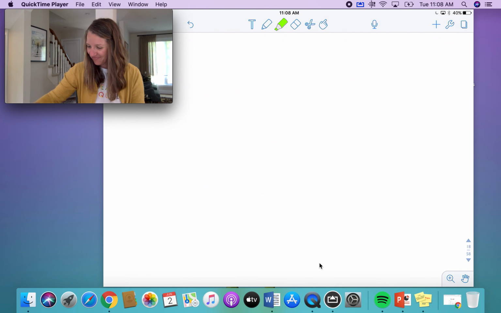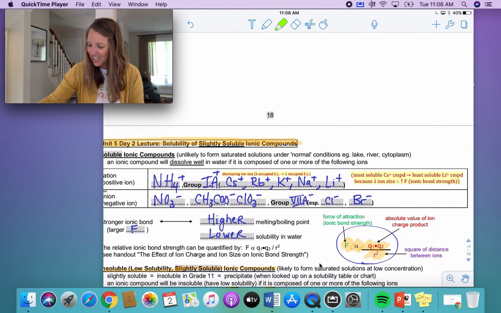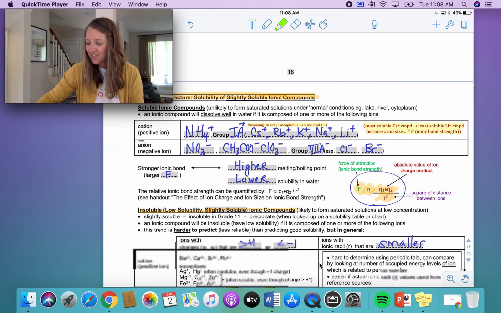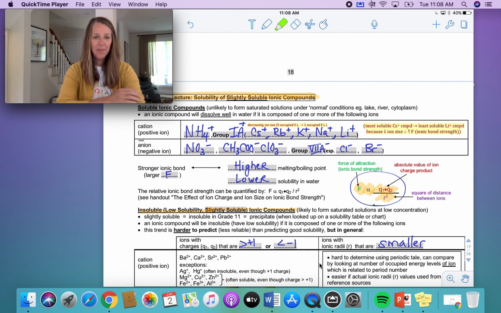All right. Let's take that into what this means for this slightly soluble, okay? So again, what's our review here? What's our review for ones that have good solubility? And then we take that, talk about the F value, stronger F, higher melting point, boiling point, and lower solubility simply because of that charge.